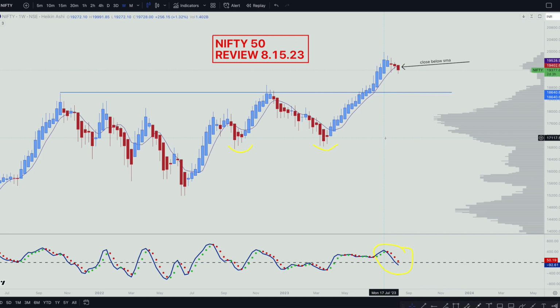So I don't personally trade it, but I'm going to dive right in with my own technical analysis and how I would approach trading our own United States indexes like the NASDAQ and the S&P.